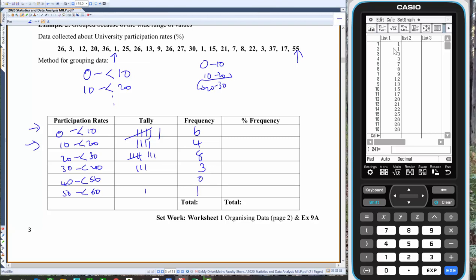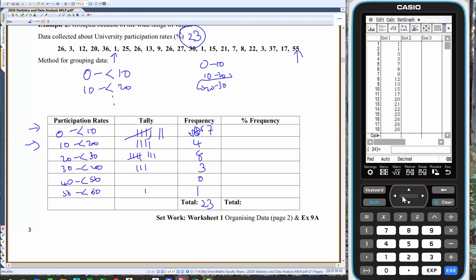Didn't go high enough, 1, 2, 3, 4, 5, 6, 7. All right, that's annoying, but it's a good example. I'm definitely going to leave that in the example here because it shows you the error check: your frequencies should add to the total number of things. In the VCE Further Maths course, they always give you the number for the exam question as well. So that's 23. They'll tell you that so that you can error check. So that's going to be 11, 19, 22, 23.